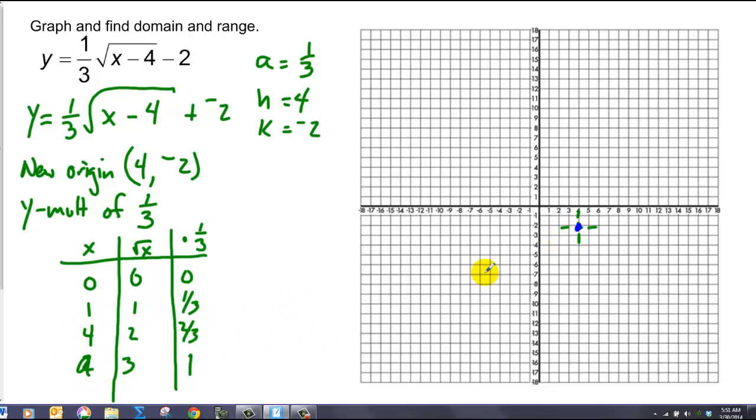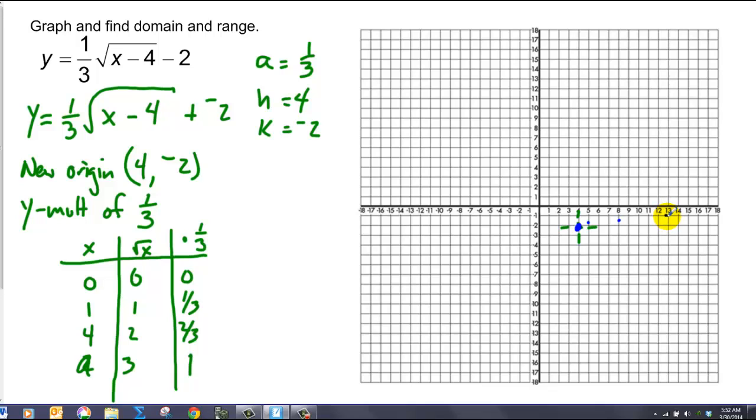So now we'll notice that from this new origin, I move over 0 and up 0. I move over 1 and up a third, which is going to be difficult to do, but you'll see where we're going. I move over 4 and up 2 thirds. And then I move over 9 and up 1.